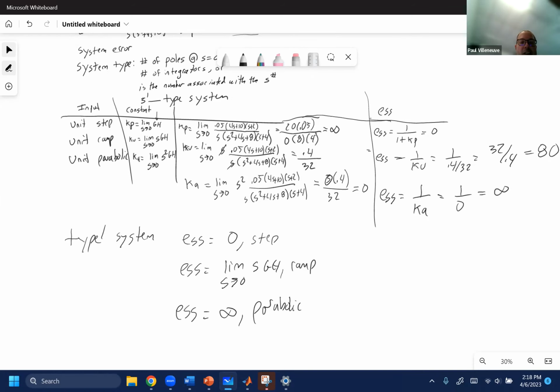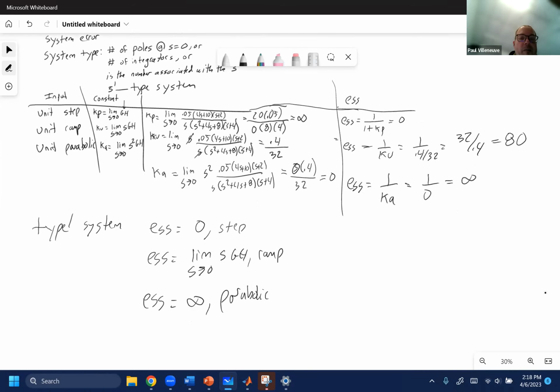Okay, those are the steady state errors. Then I can also do my constants. My k sub p here is going to be equal to infinity for a step input. My k sub v is going to be equal to the limit as s approaches 0, s times GH for a ramp.